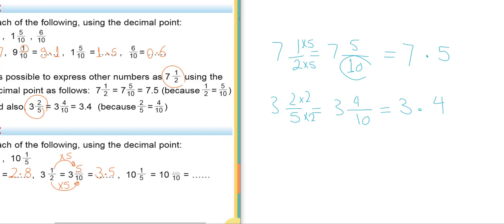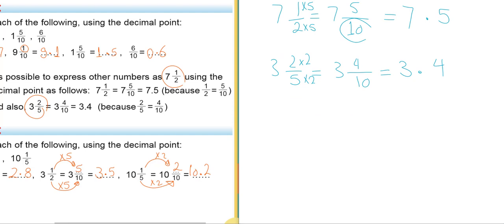So 5 become 10, so multiply by 2 up and down, so 2. Put decimal point and 2 here in the right and 10 in the left.